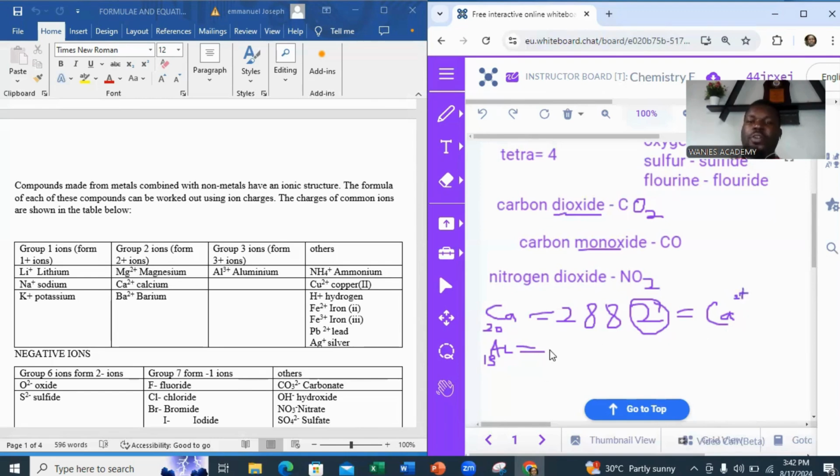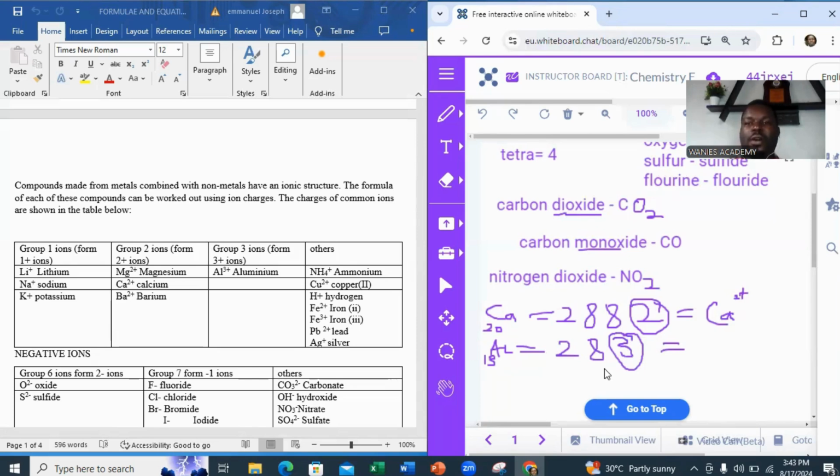For aluminium, we follow the same rule to generate the charge. So the first energy level will take 2, and then second 8, and then 3. Of course, it's a metal, hence it's going to lose this 3 to achieve stability. Remember what we said initially?